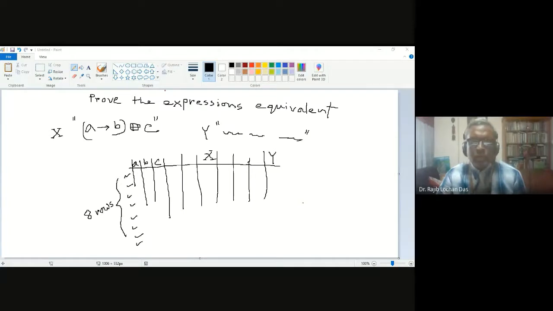When you have found the expression for x and for y, you will see that they are actually the same thing. But in this line you will not write that they are equivalent. If this is true, then this is also true. If this is false, then the second one is also false. If every row is exactly the same, then they are equivalent.